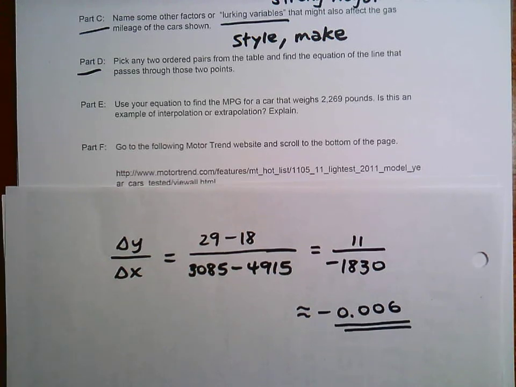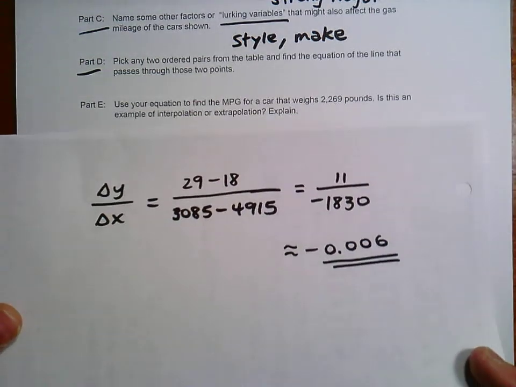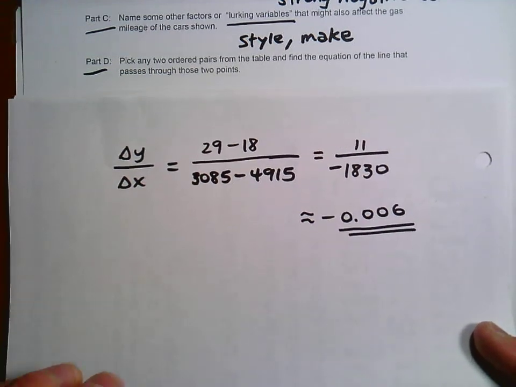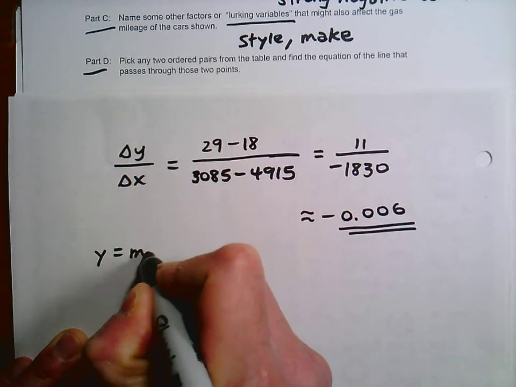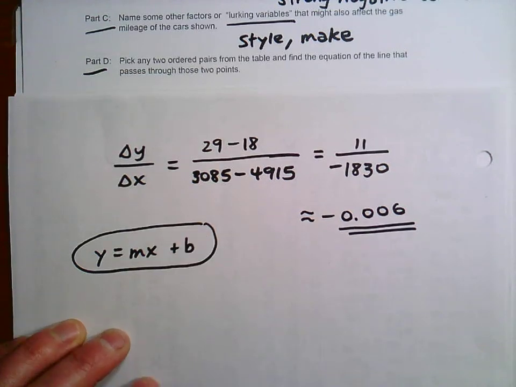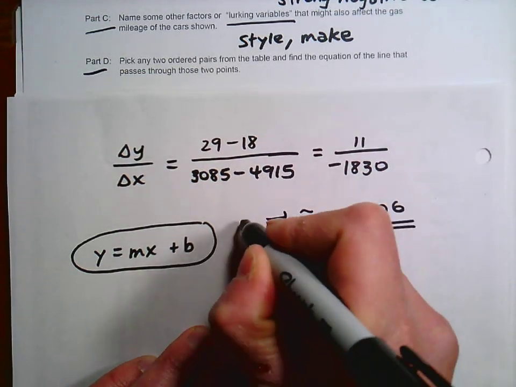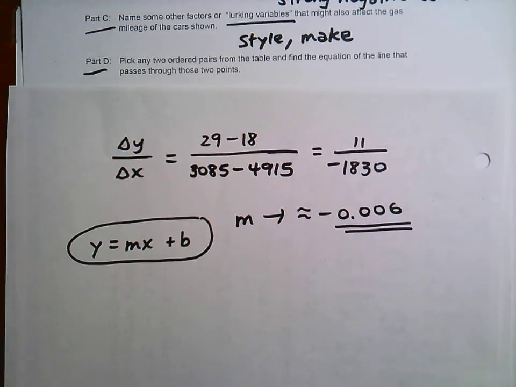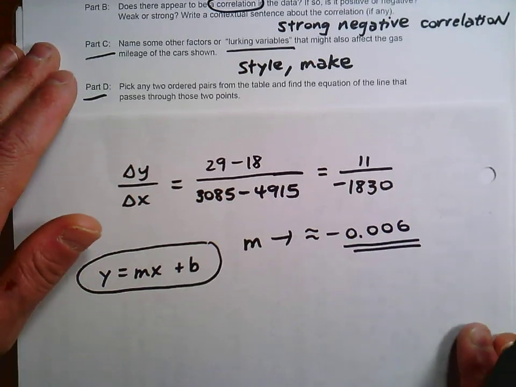So coming back to this, when we look at this, find the equation of the line, there's still more work to do. So there's a lot of math in this particular one. So again, this is going back to an earlier thing that we did in the class, right? This is the equation of a line, right? y equals mx plus b. What we just found right here is m, okay? And now to finish this, I'm going to come back to the table.